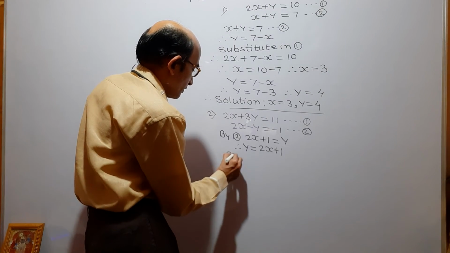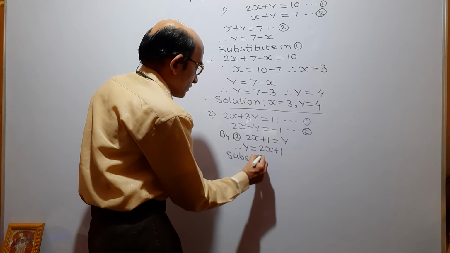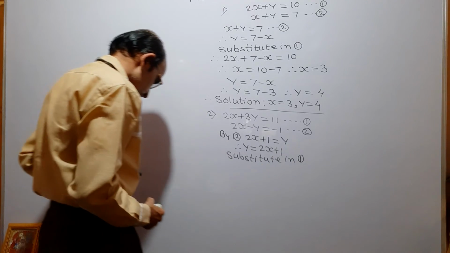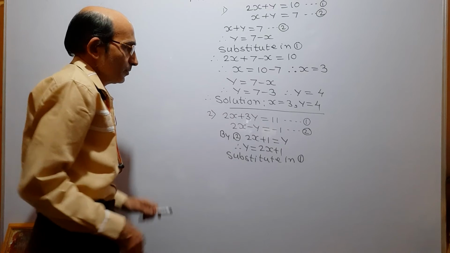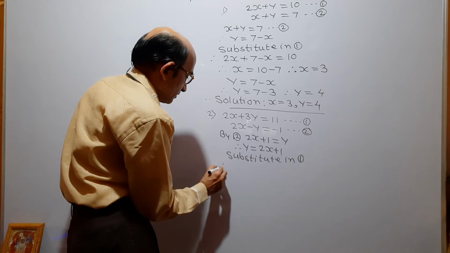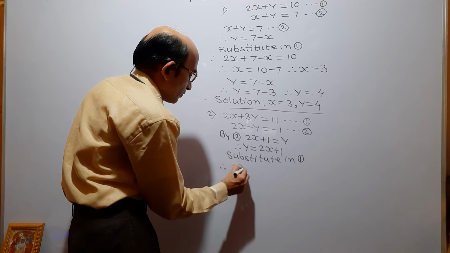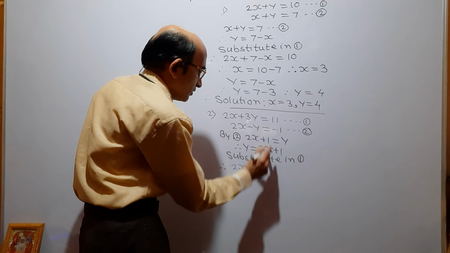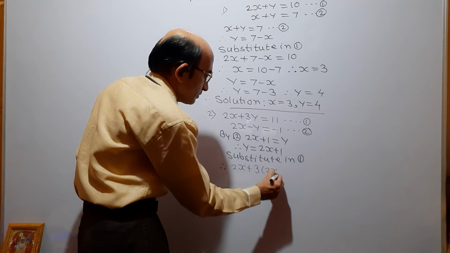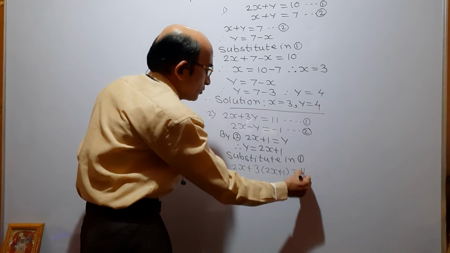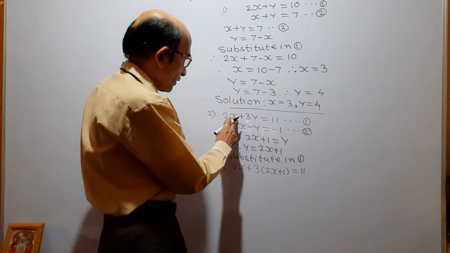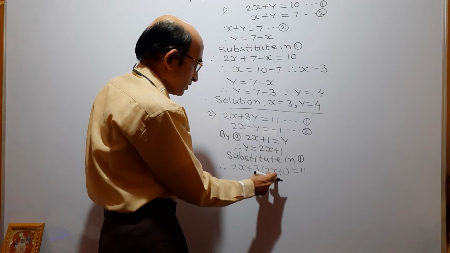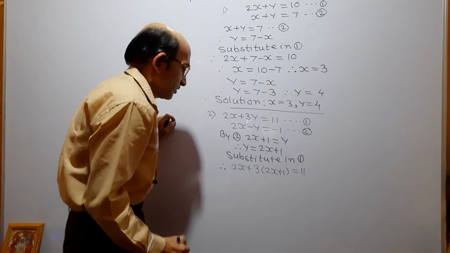So substitute in equation 1. Therefore, 2x plus 3 into y, where y is 2x plus 1, equal to 11. 2x plus 3, the value of y taken from the second equation, 2x plus 1, equal to 11.